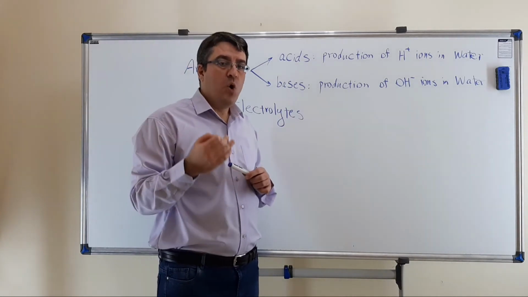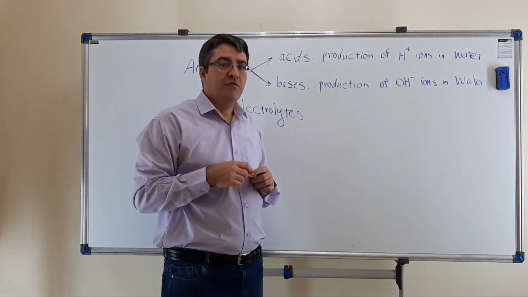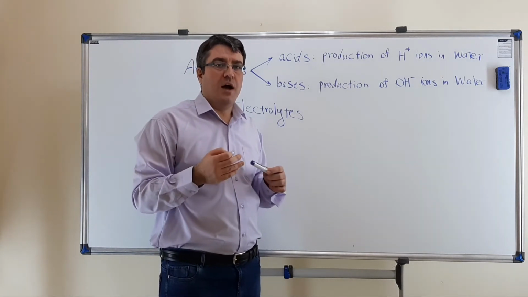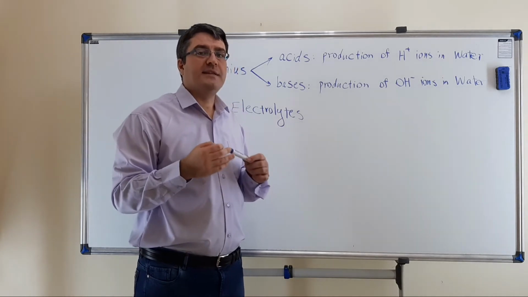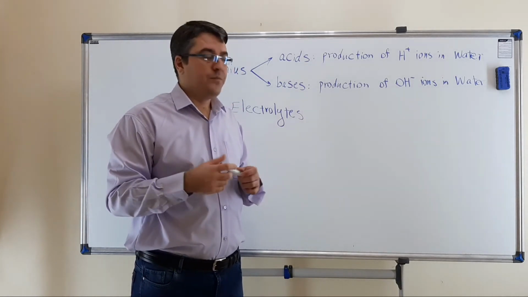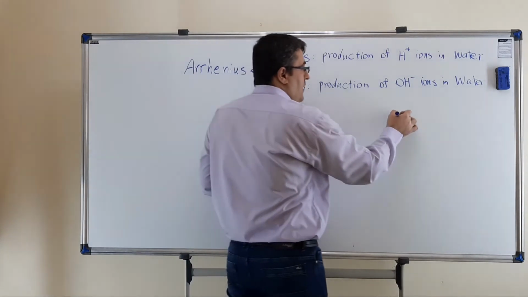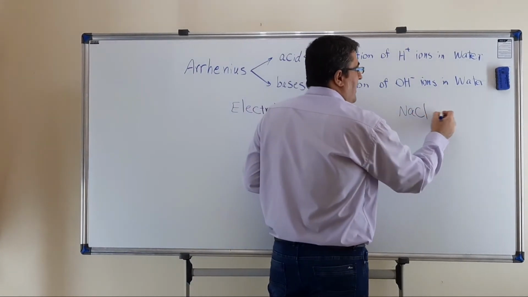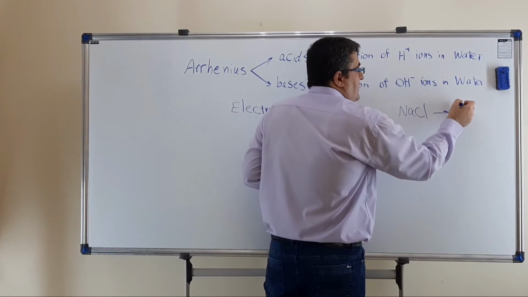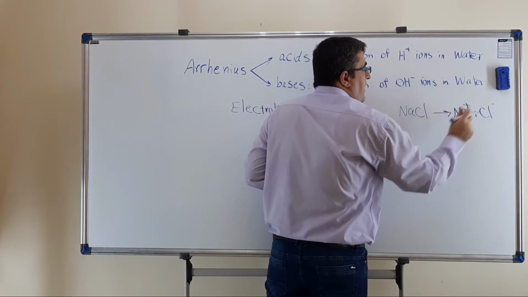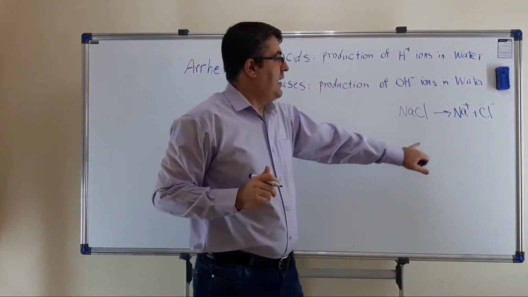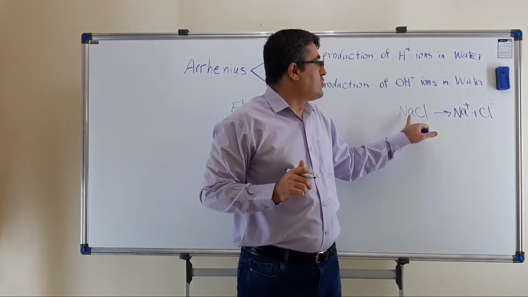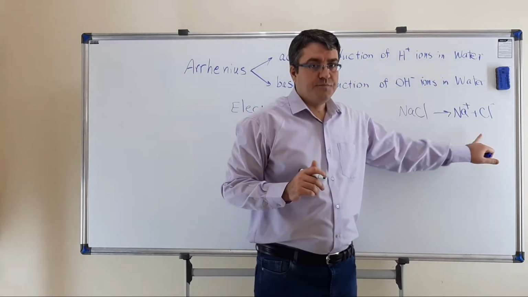Arrhenius proposed that many salts in water dissociate or separate into ions, or we have ionic dissociation for them. For example, sodium chloride in water dissociates into sodium and chloride ions. And this is the ionic dissociation of sodium chloride in water.